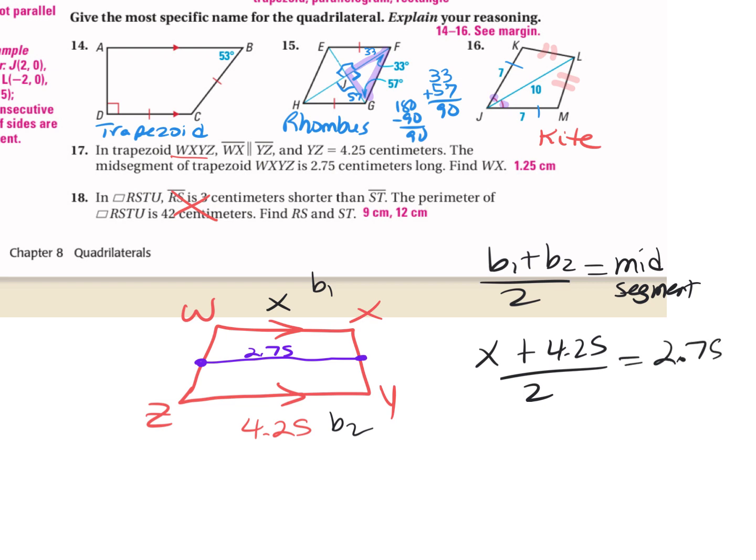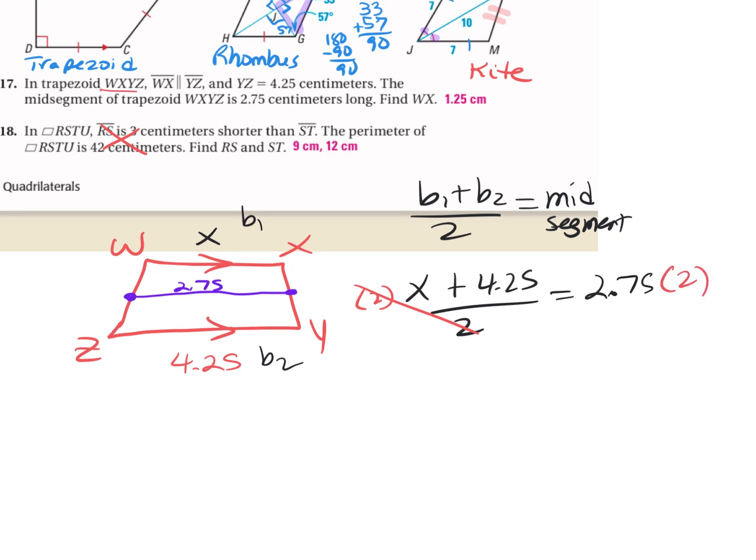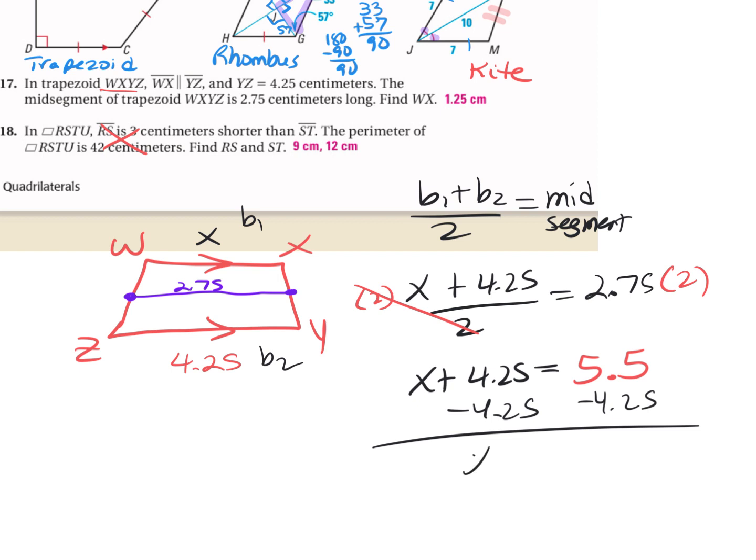So what I want to do is get rid of the fraction first by multiplying both sides by 2. And when I multiply 2.75 times 2, I get 5.5. And then I still have the x plus 4.25. So then I can subtract 4.25 from both sides. And I get x is equal to 1.25.